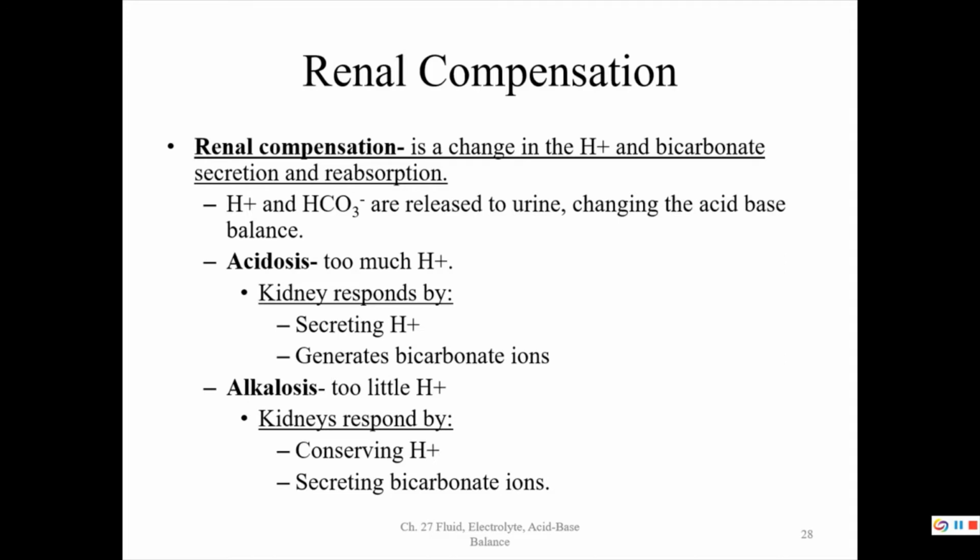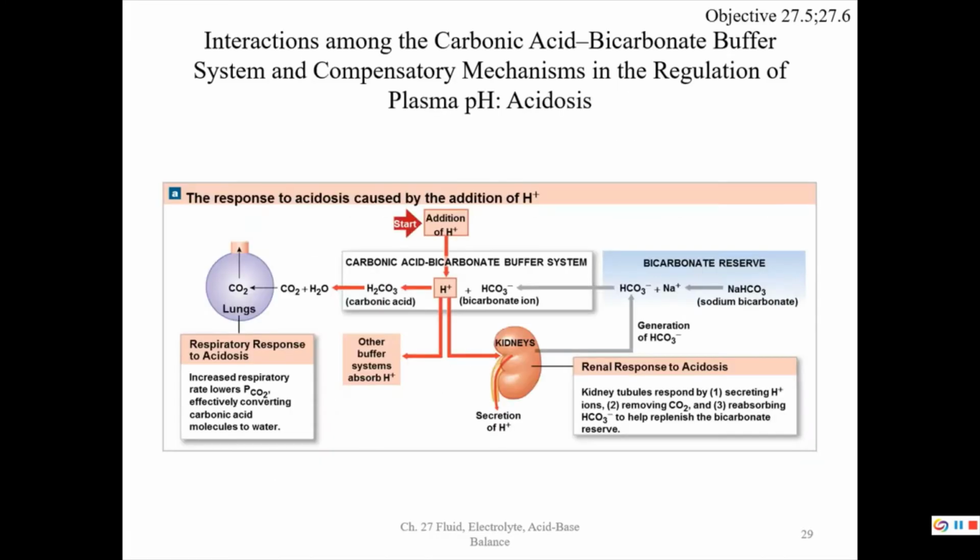Alkalosis, on the other hand, when there's not enough hydrogen ions, you can choose not to excrete those. You can retain any hydrogen ions that we get, and also help to get bicarbonate out, secrete it, urinate it out. And that would be renal compensation to adjust the secretion and generation of various ions in the body, the bicarbonate and the hydrogen ions.